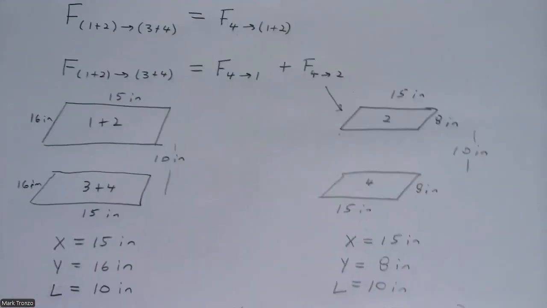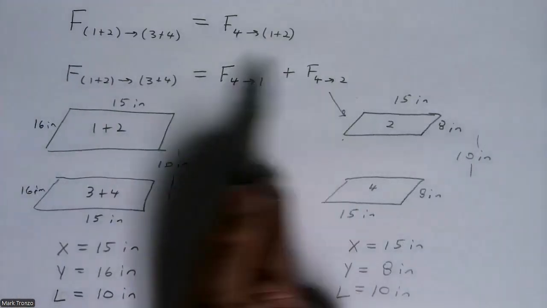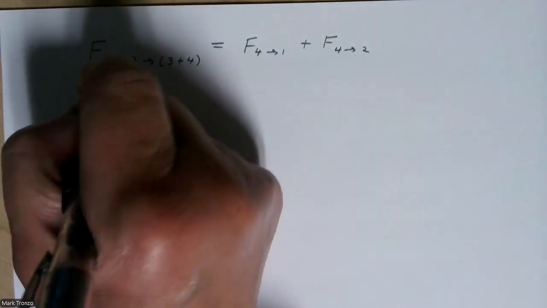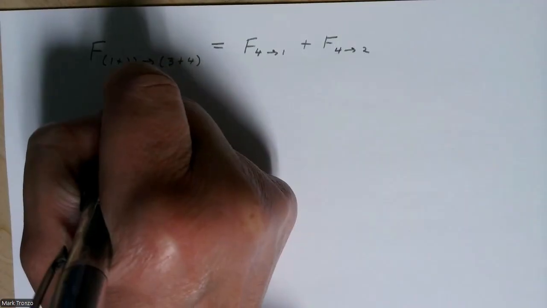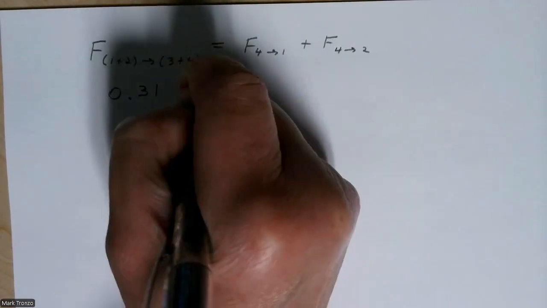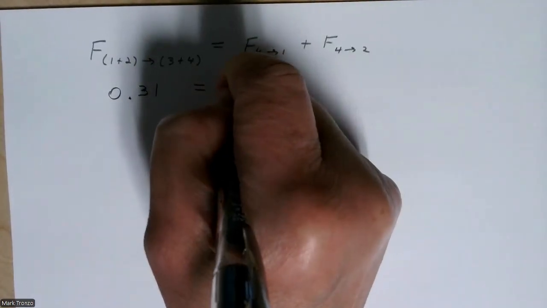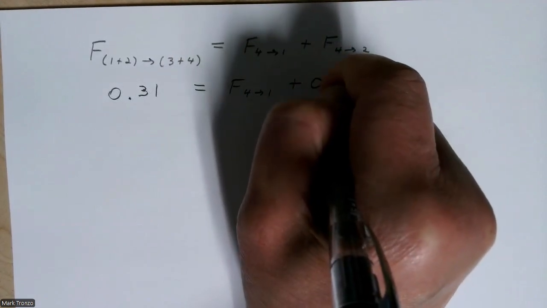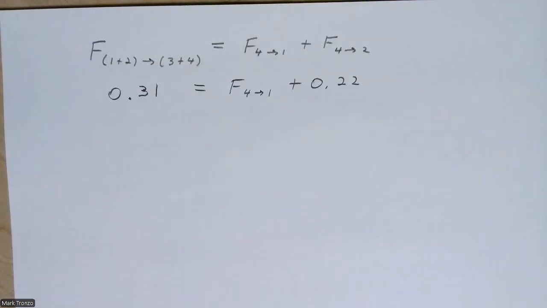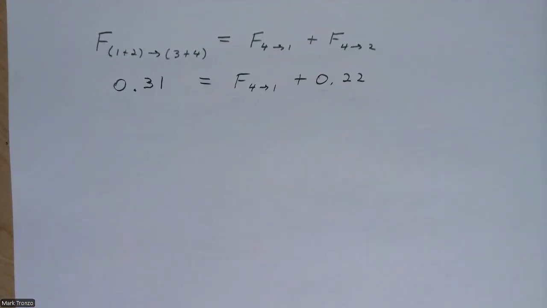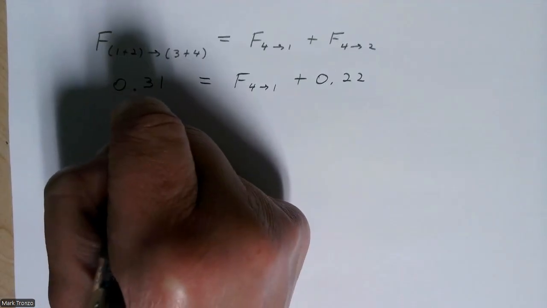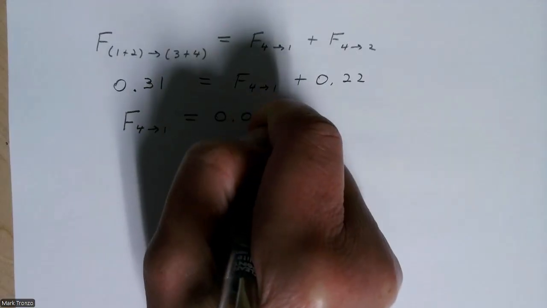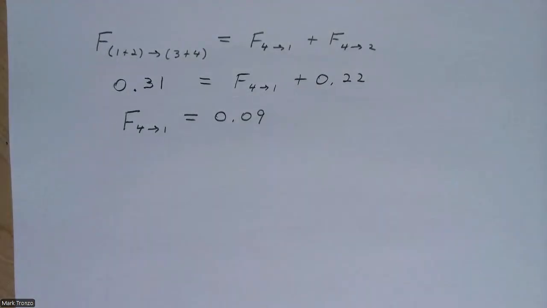Now we're going to go back and substitute those into this equation. So if we substitute those values back in here, that's going to give F4 to 1 as 0.09.